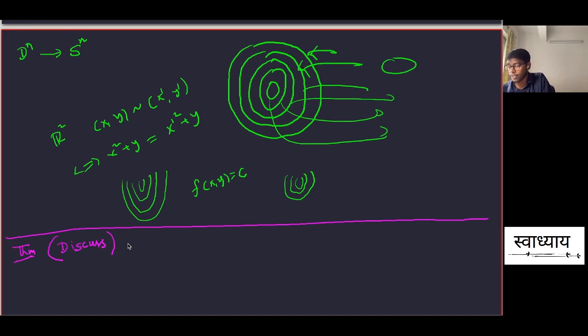So the theorem states that if f from X to Y is an open or a closed map. What do I mean by open map? Open map means if U is an open subset of X, then f of U inside Y is open. Same as closed.